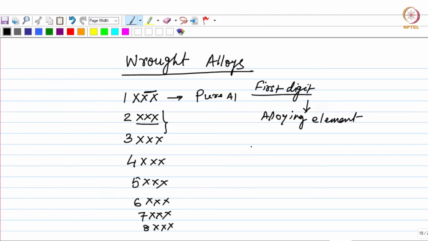Now let us see the second digit, what does this stand for. So this is basically related to variation in a specific alloy, variation in terms of the composition.